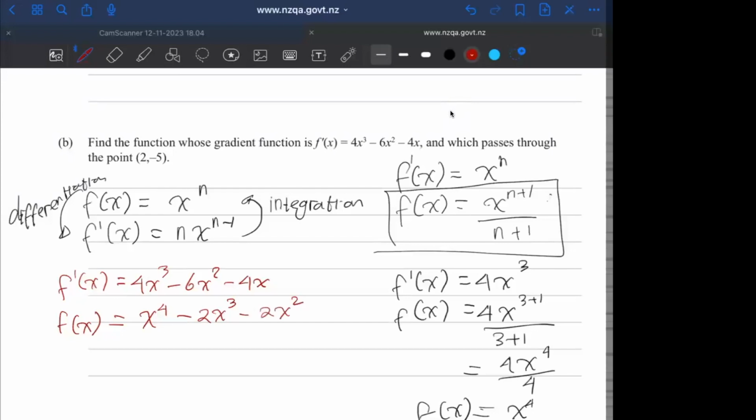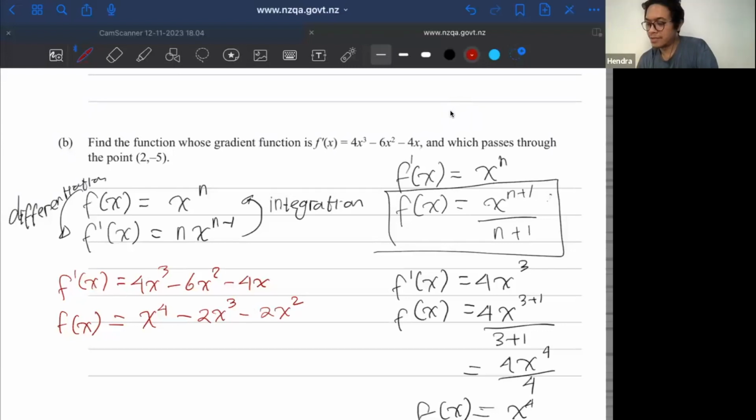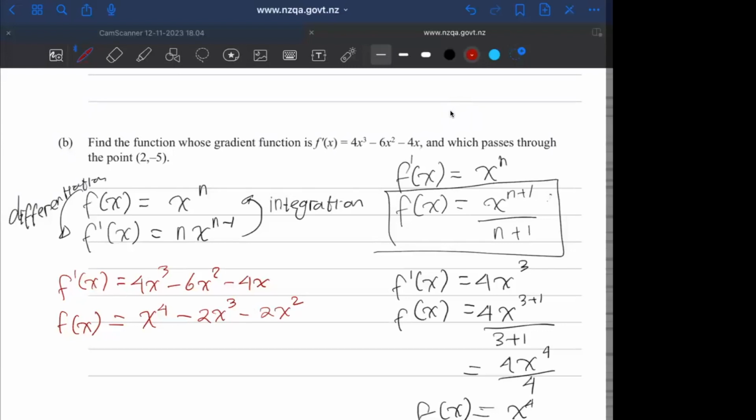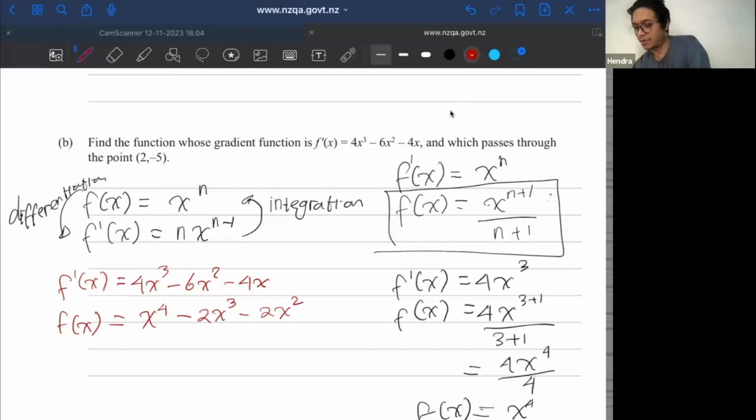Okay. So that is another thing. If you are doing integration, you always get plus c here. So that means plus c.